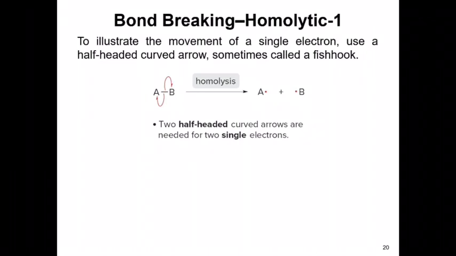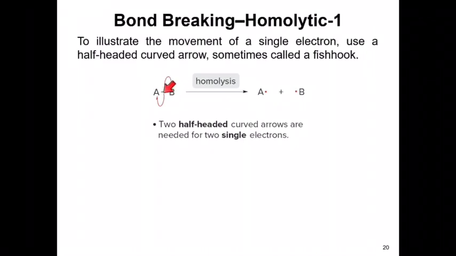In order to illustrate the movement of a single electron, we use a half-headed curved arrow, which is also known as a fishhook. So again, in homolytic cleavage or homolysis, a single bond is cleaved, and the two bonding electrons are distributed equally among the two atoms involved in that bonding.